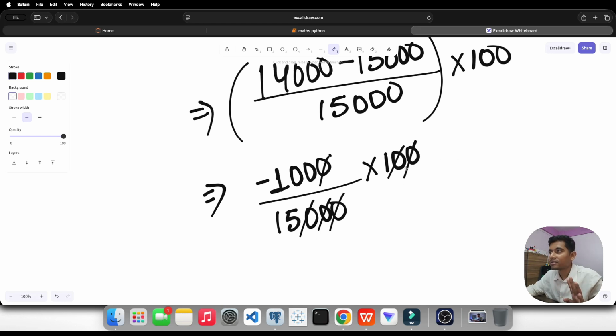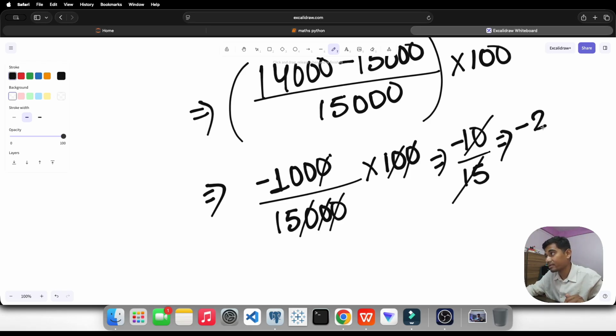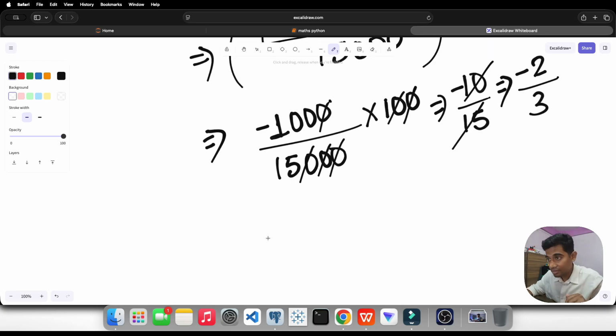Is it minus 1000, current minus previous? So what is the output? Minus 10 by 15. Here we can cross it again. It will be minus 2 by 3. And what is minus 2 by 3? 2 6s are 18. 0.66. So minus 0.66 is the output, right?